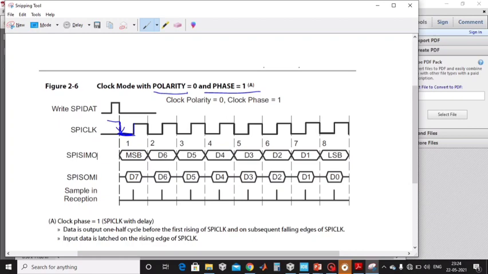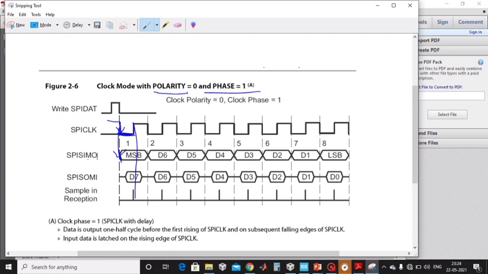Now I have told you earlier that the data update on the output pin and the data sample on the input pin are both 180 degrees apart. Since the master is updating its data on the falling edge, it will sense or sample the input data on the opposite edge, that means on the rising edge.